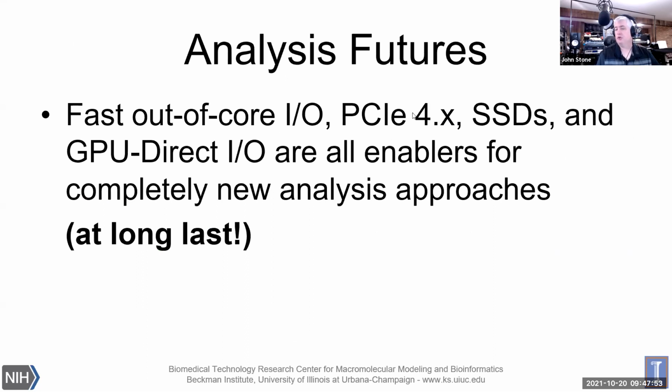if you build a new computer today with the latest CPUs, you can have PCI Express 4, which gives you up to 32 gigabytes a second of IO. If you combine that with state-of-the-art SSDs and things like GPU Direct IO, now we have enough technical components that we can really do out of core analysis on a large scale in a systematic way.